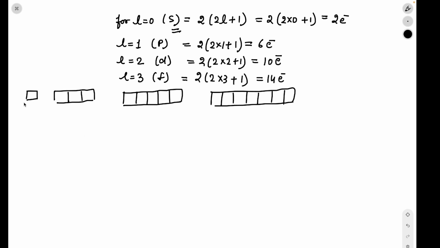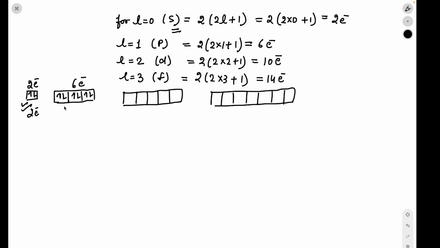So as we know, each orbital can hold only 2 electrons, one clockwise and the other anti-clockwise. So S can hold 2 electrons. P has 3 orbitals and each orbital can hold 2 electrons, so the total number of electrons will be 6.